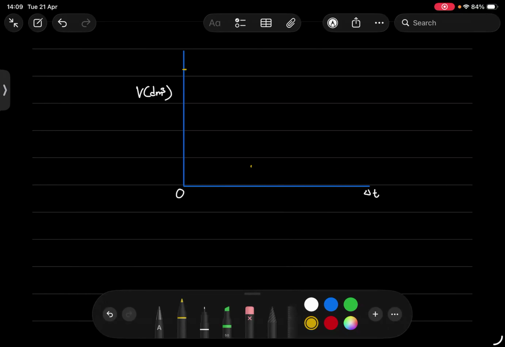Maybe you started your reaction having some amount of volume. Or let me just use mass loss.